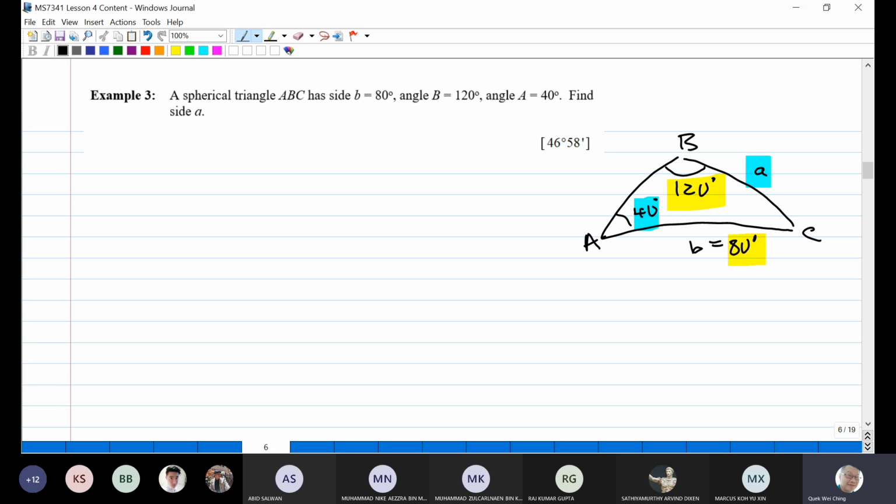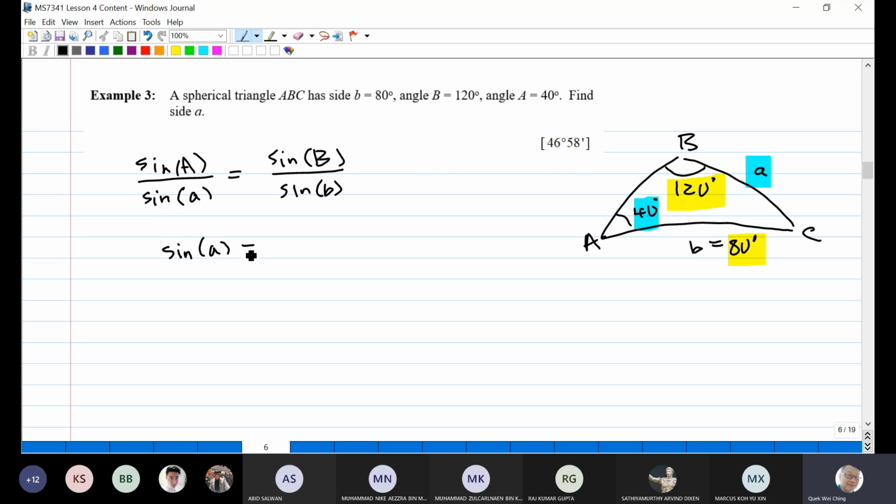So you can write down the sine law here. First, sine of angle A over sine of side a is the same as sine of angle B over sine of side b. We are going to find sine of side a.